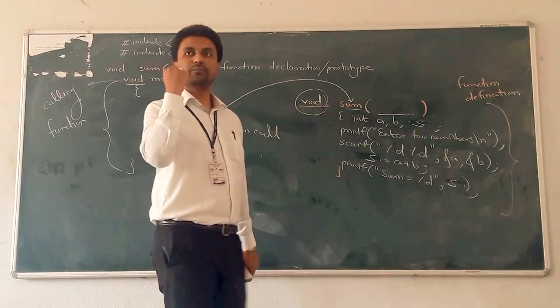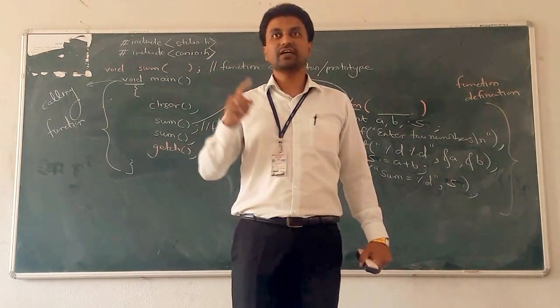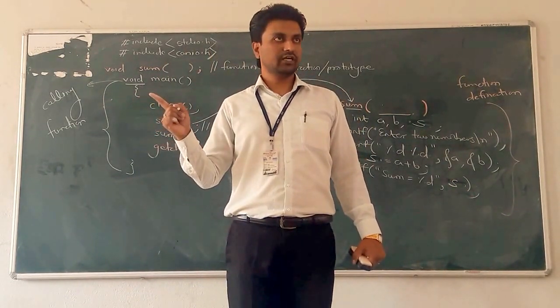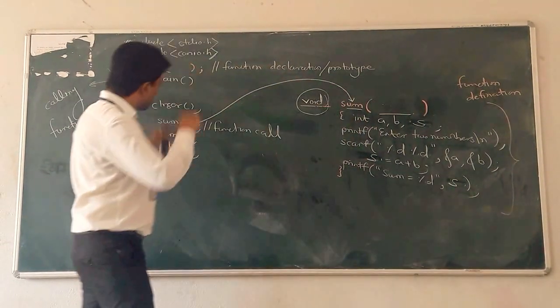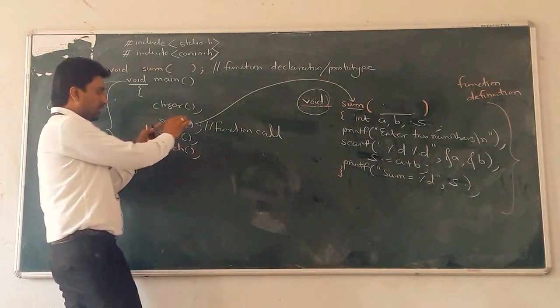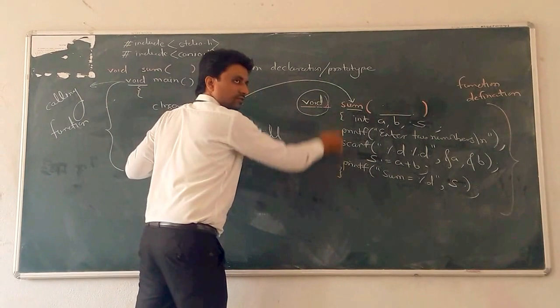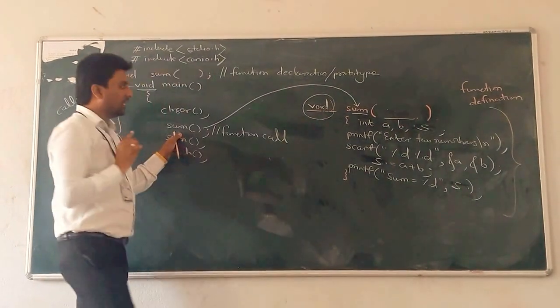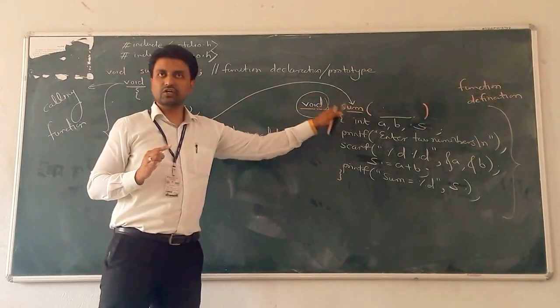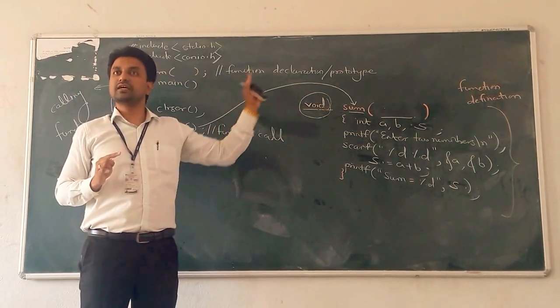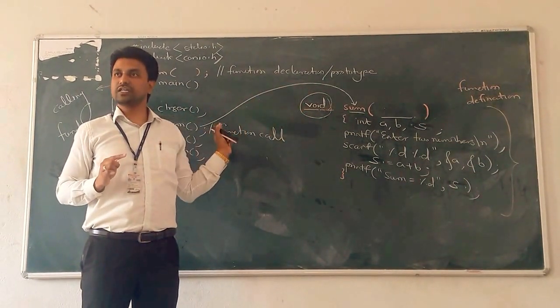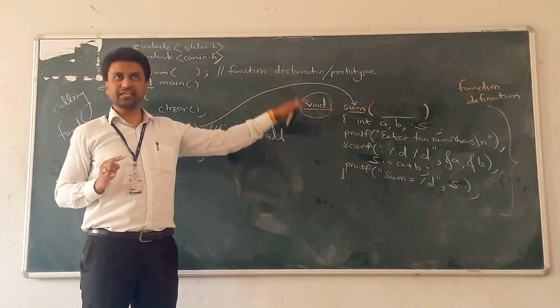Static function binding is a function of the compiler. So the compiler already links the function call to its definition, and that linking or binding is called function binding or function linking.